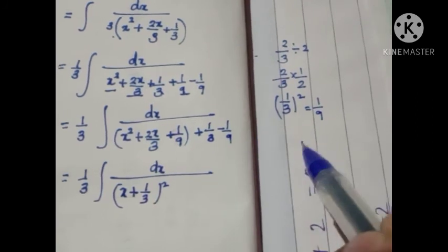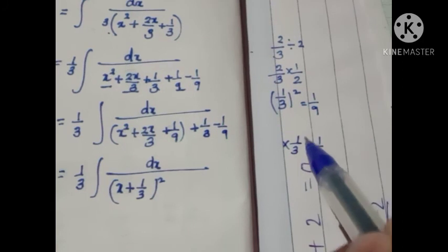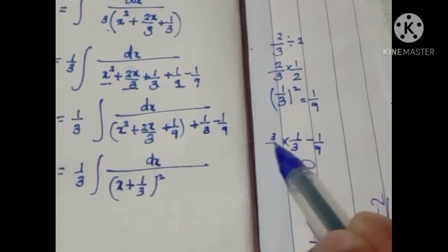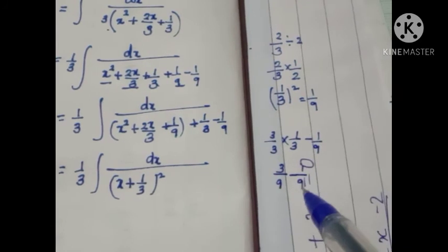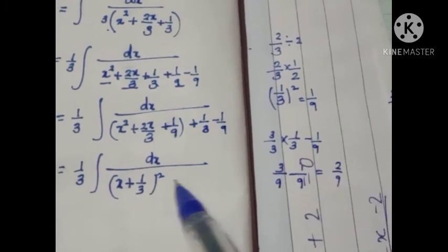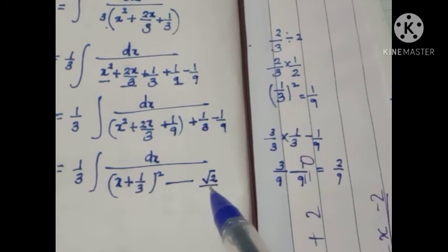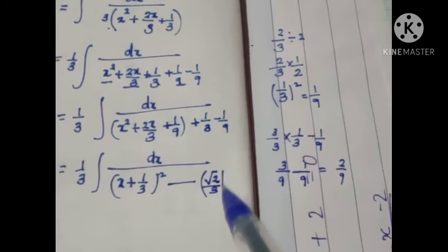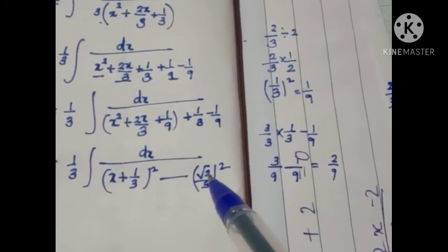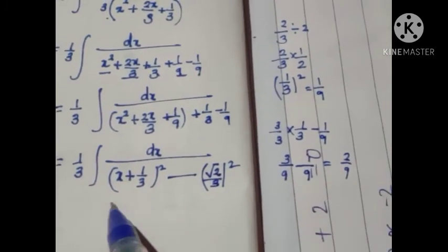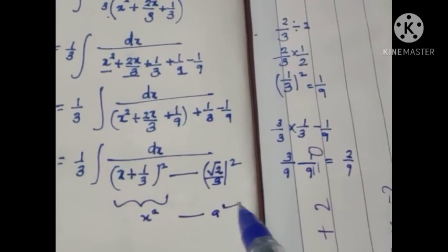Now 1 by 3 minus 1 by 9 can be written as, listen, we can convert it into by 9. 3 by 9 minus 1 by 9. It is 2 by 9. And 2 by 9 can be written as (root 2 by 3) whole square. Okay. On squaring you can see that it is 2 by 9. So it is of the form x² plus a².